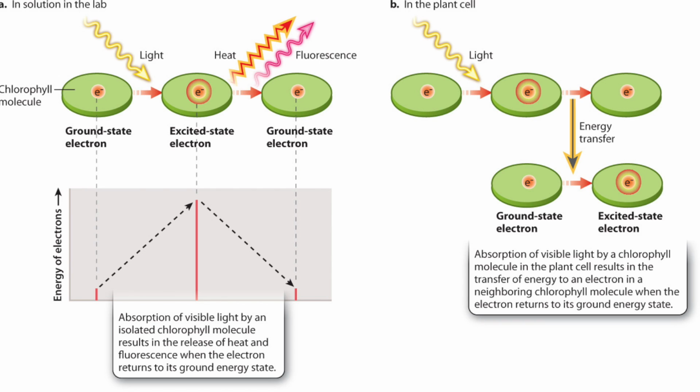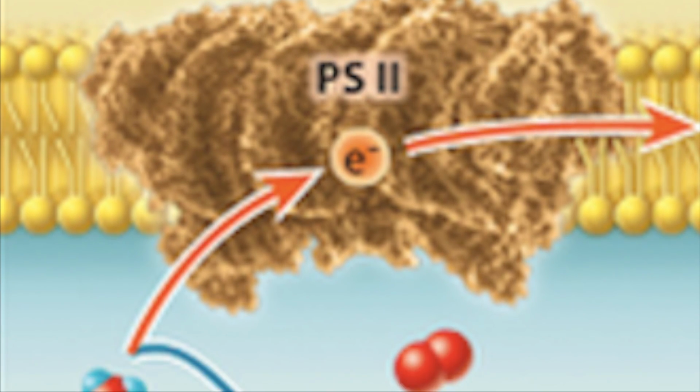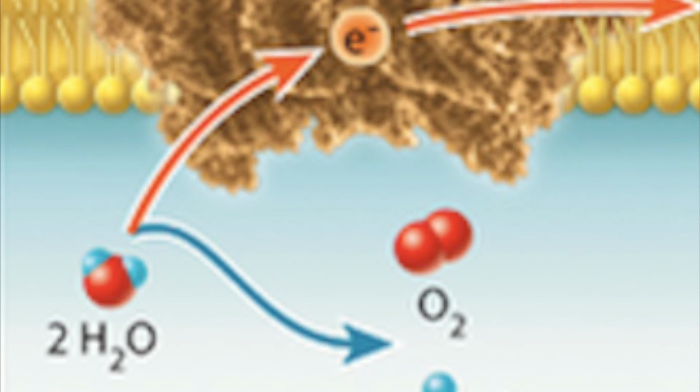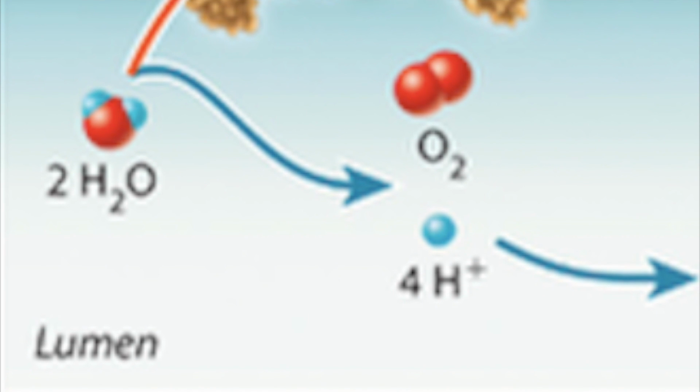When light hits a reaction center of a photosystem, it excites an electron. The excited electron in photosystem 2 moves to the cytochrome b6f complex passing through the plastoquinone, and two water molecules are split to replace the missing electron in photosystem 2.